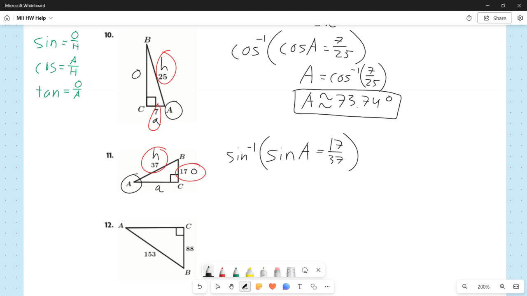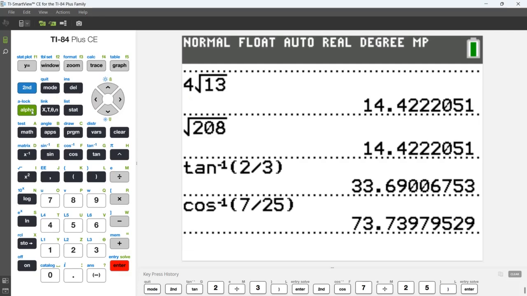So the sine inverse of sine, they wash away, and we're left with just A. I have to do the same thing on the right-hand side. So sine inverse of 17 over 37, which can't be reduced. Not that we need to reduce it, but even if we wanted to, we can't. Going to go back to my calculator. We are still in degree mode, so that's great.